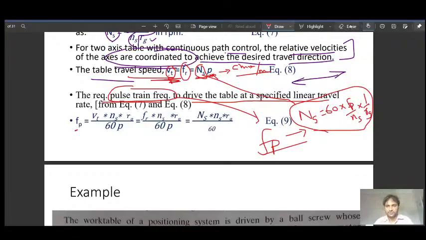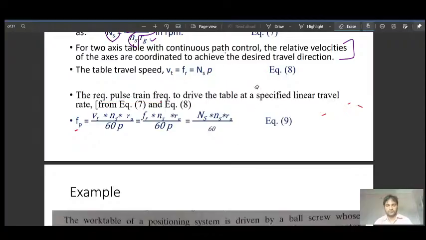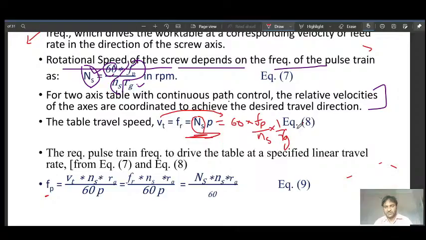Let me write it for you. 60 into the Ns value is Fp, the pulse frequency, divided by Ns, the number of step angle, and then 1 by Rg, and then multiplied by the P value, so that is our Vt, the table velocity.